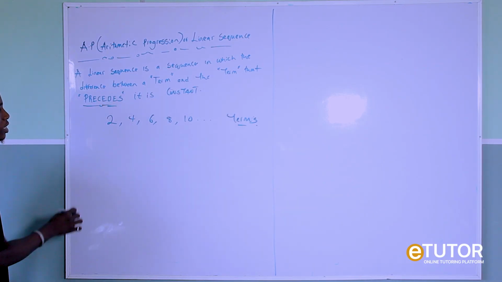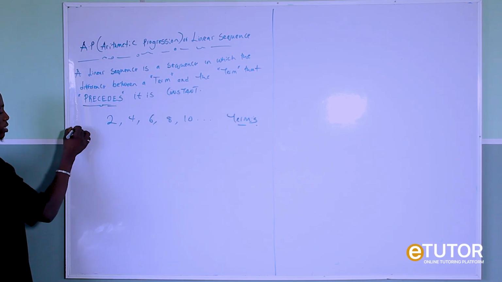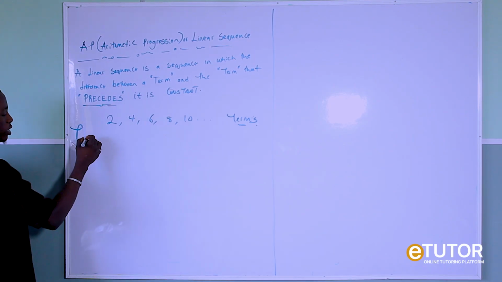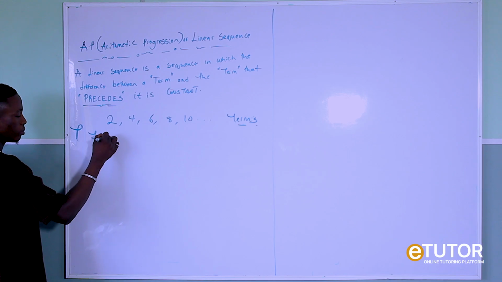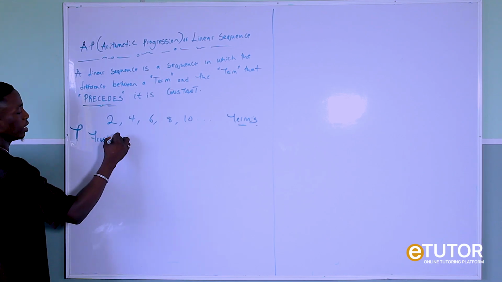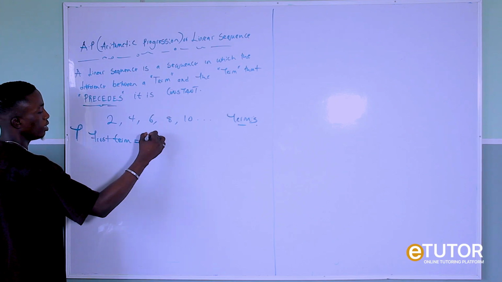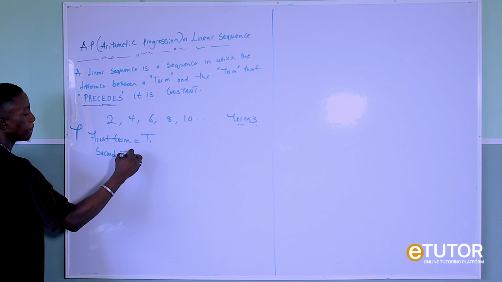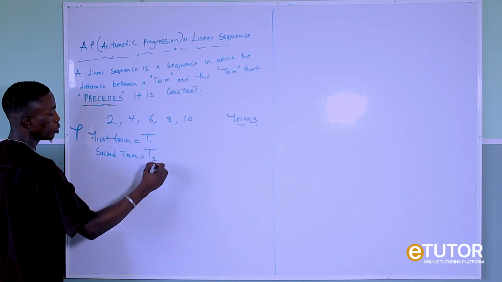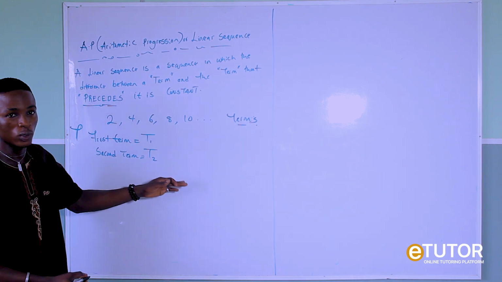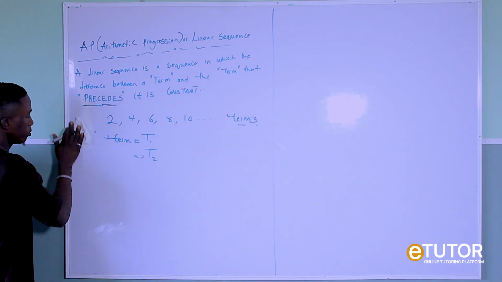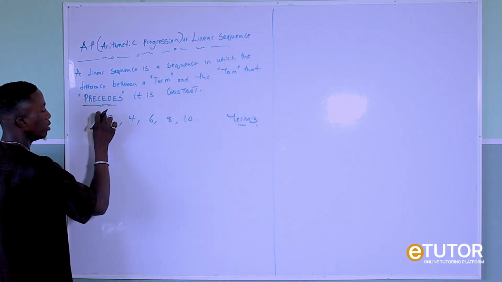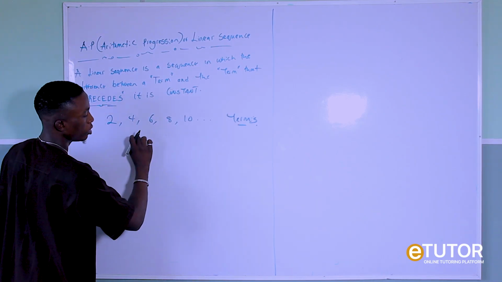Terms in an AP are represented as T, capital letter T. So the first term is T1, the second term is T2, the third term T3, and so on and so forth.